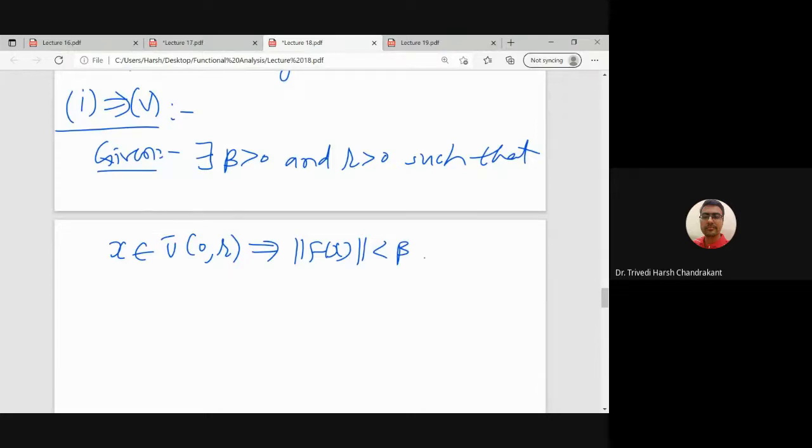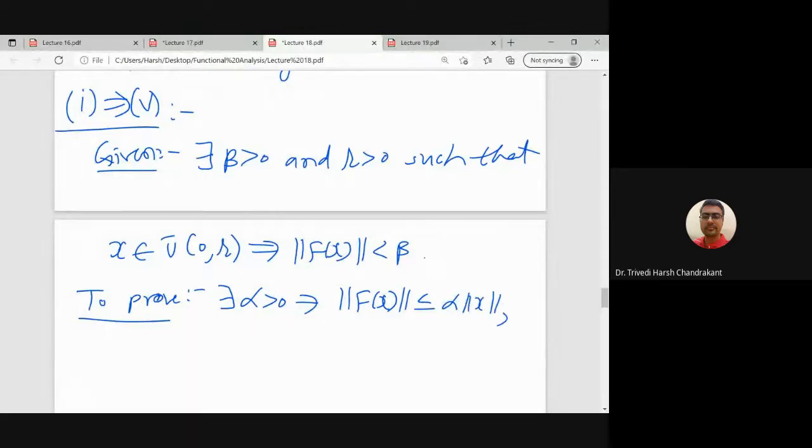So this is given. We want to prove that f, as a linear map, is bounded. So f is a linear map, it is bounded. That means there exists some positive number alpha such that norm of fx is less than or equals to alpha times norm x.